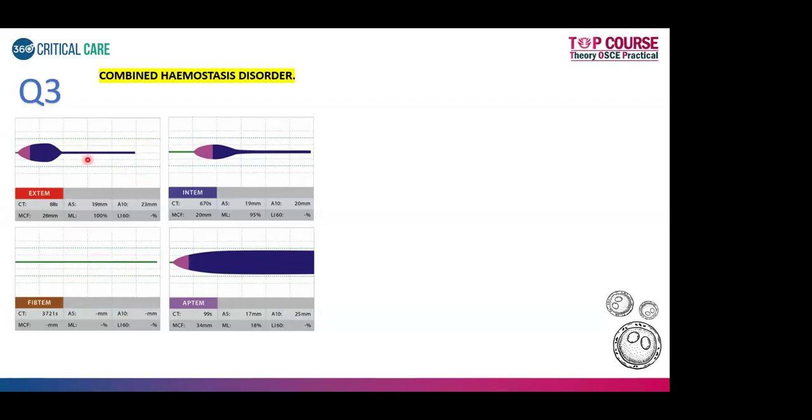Firstly, you look at the EXTEM. EXTEM itself is showing a very fragile clot. When I say fragile, you can see the amplitude is not reaching the mark. Immediately, there is hyperfibrinolysis, which got corrected by the use of aprotinin or tranexamic acid. After giving that, it is fairly getting back to normal, but again the amount is not enough.